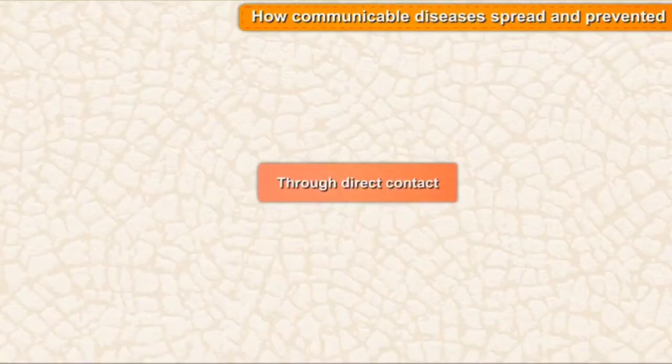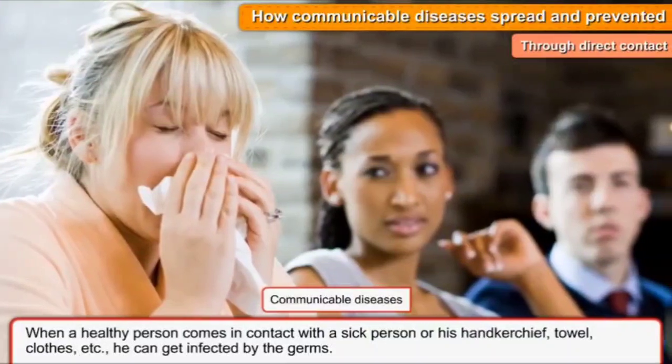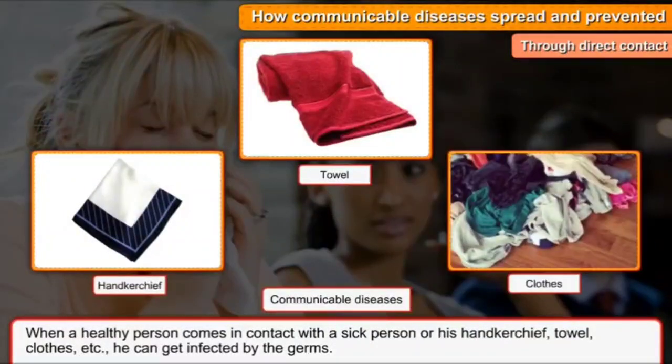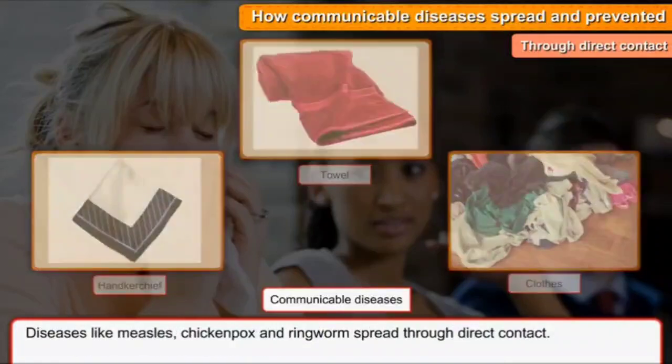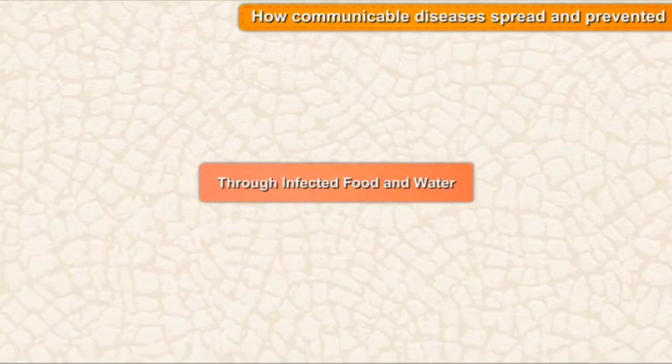Through direct contact. When a healthy person comes in contact with a sick person or his handkerchief, towel, clothes, etc., he can get infected by the germs. Diseases like measles, chickenpox, and ringworm spread through direct contact. Through infected food and water.